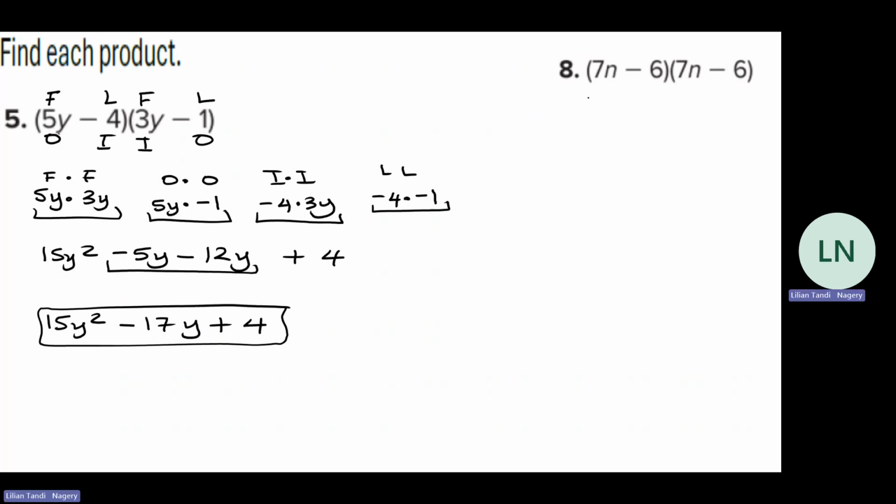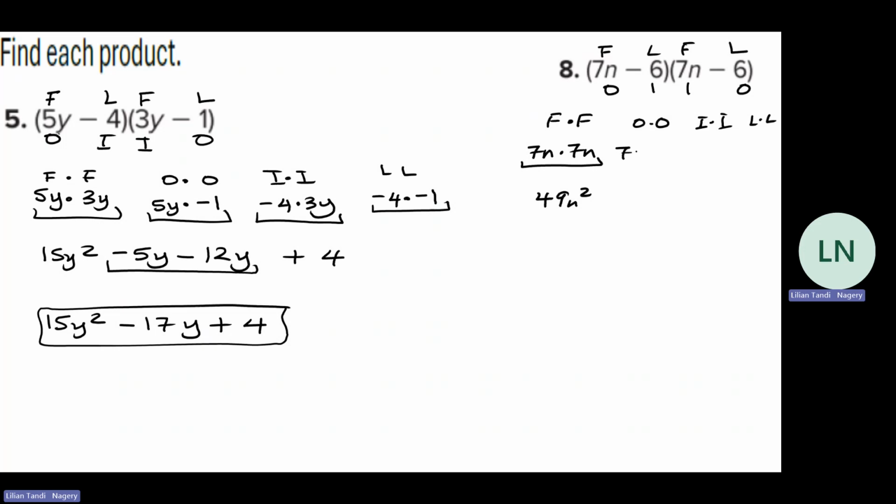Okay? So here you're going to do my first, my out, my ins, and my lasts. F times F, O times O, I times I, L times L. F times F, 7n times 7n, 49n squared.